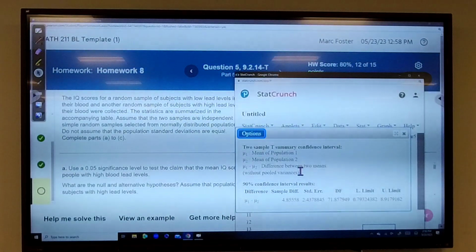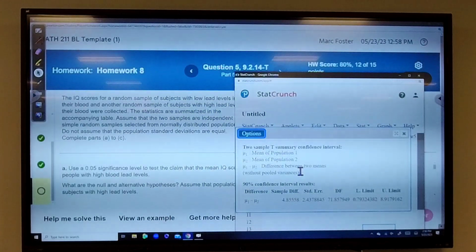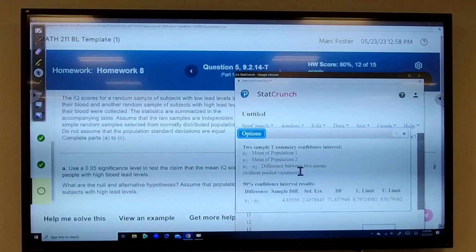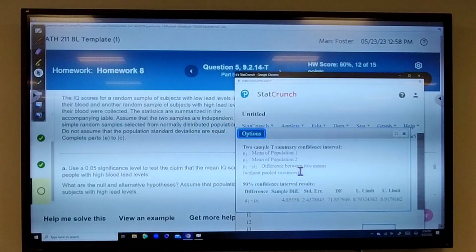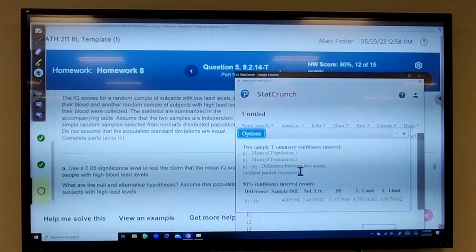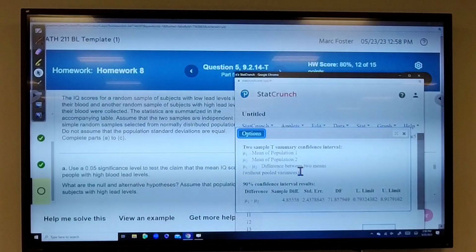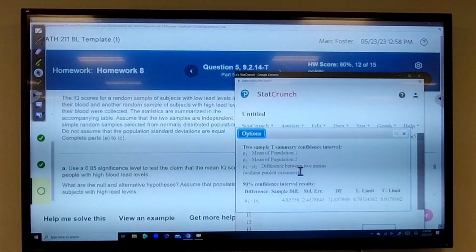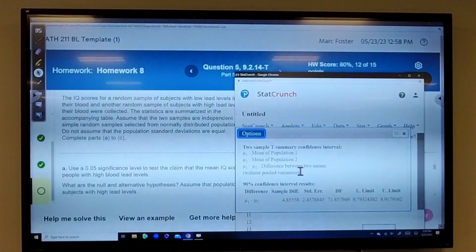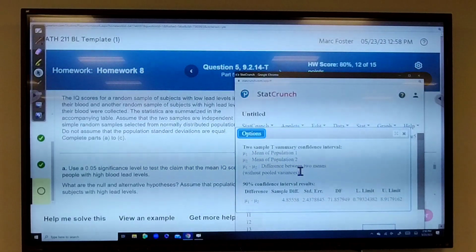So I'm 90% confident that whatever the difference is between IQs of people with low lead levels and high lead levels, that difference is positive, and it's in between these two numbers.